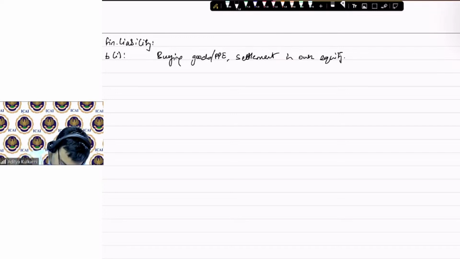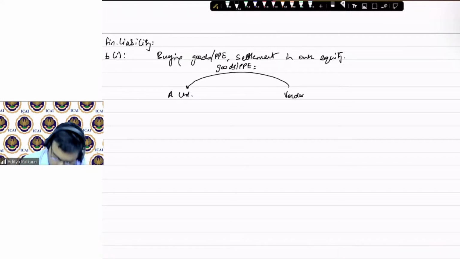Now let us take the case of A Limited. A Limited has a vendor. It has purchased goods or property, plant, equipment, whatever it is, worth rupees 5 lakhs.